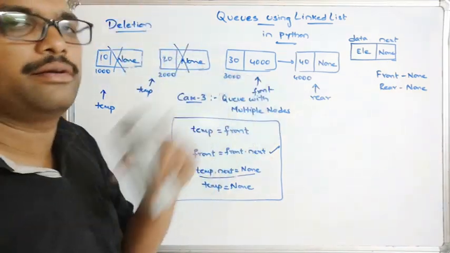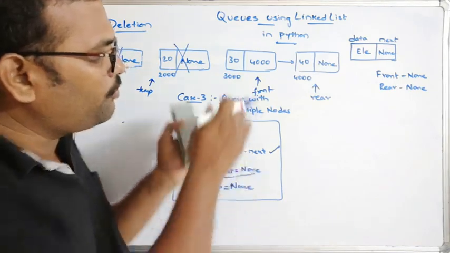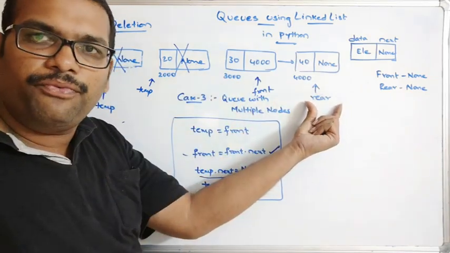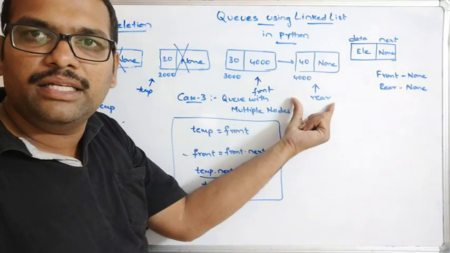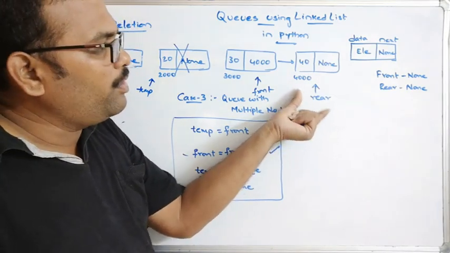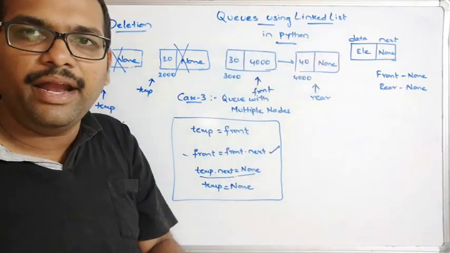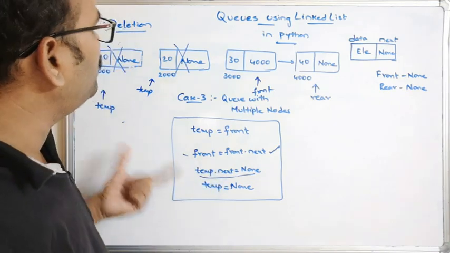Now front is here. Once again, if you want to apply the delete operation, the front becomes here. And if you want to remove the element, it will check for front is equal to rear, the case 2. Front is equal to rear means this is a single node, so automatically the front is equal to none, and this node will get deleted. So this is a simple code for the deletion operation.